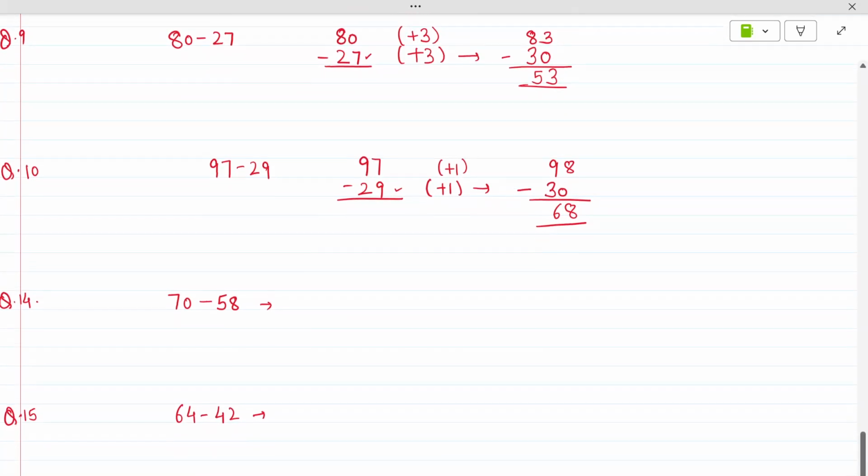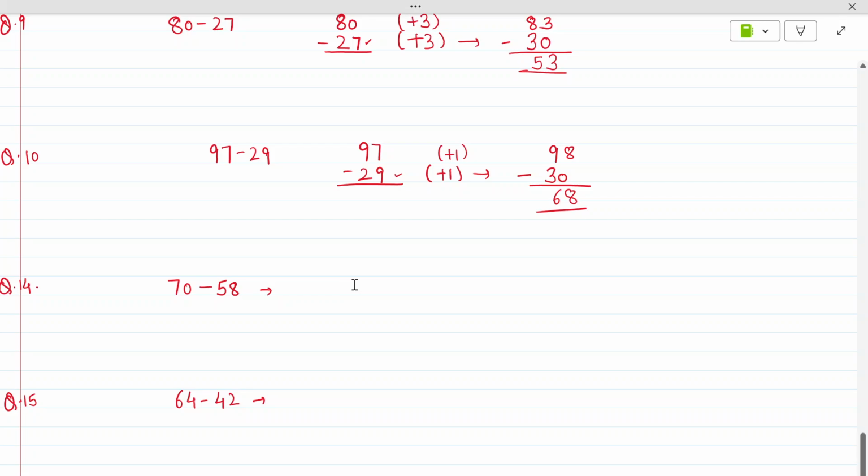Next is 70 minus 58. So 70, 58. We can clearly see that the smaller number is 58, and we can add 2 to it to make it a multiple of 10, which is 60. Okay.